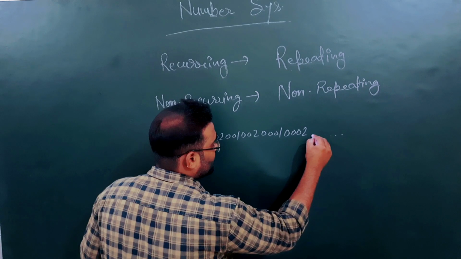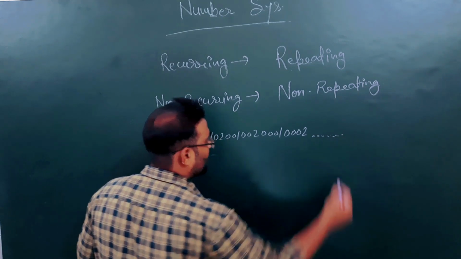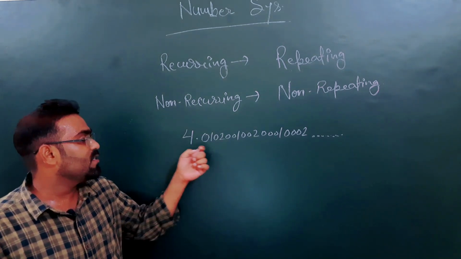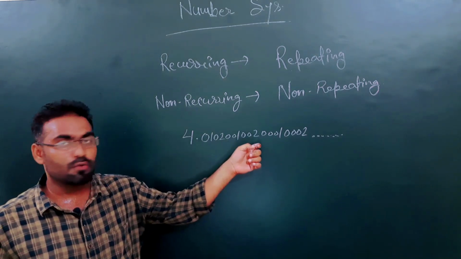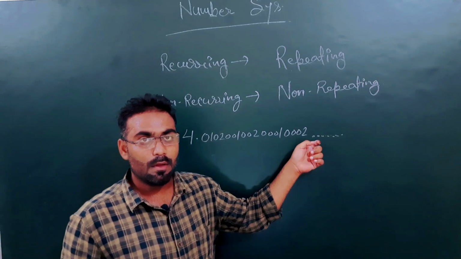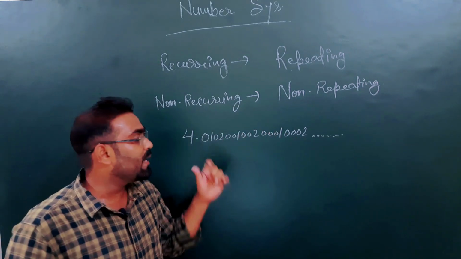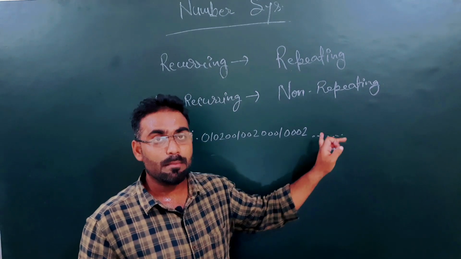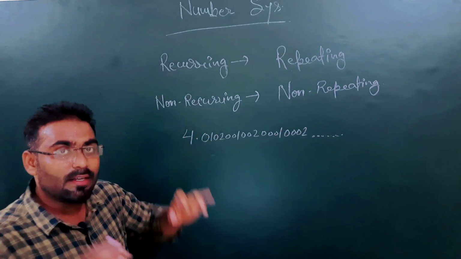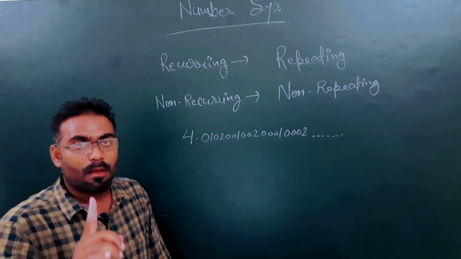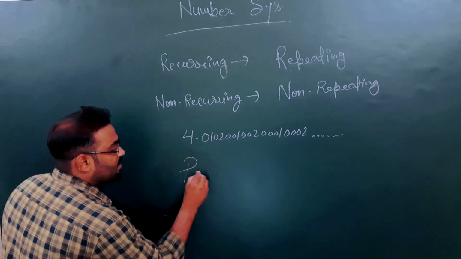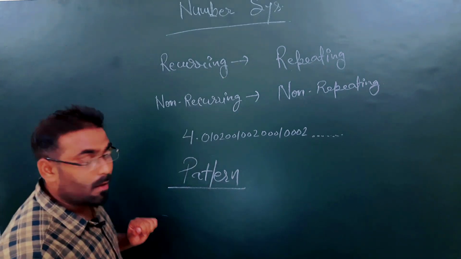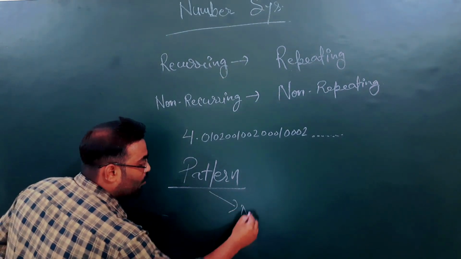So students, the number that comes across the board is 4.0102001002000100002. You cannot observe a repeating pattern over here, and moreover this dot represents that the number is still continuing. Although there is a pattern, that pattern is not repeating. Mind it, there's a difference. Of course there is a pattern, but that pattern is non-repeating.